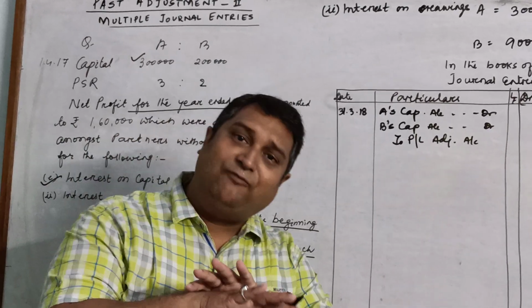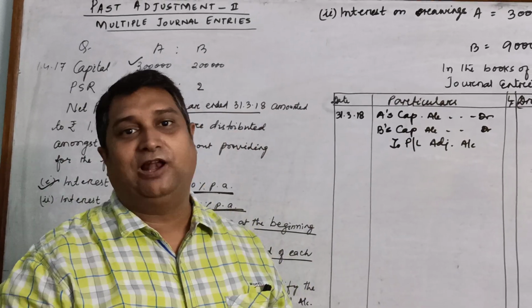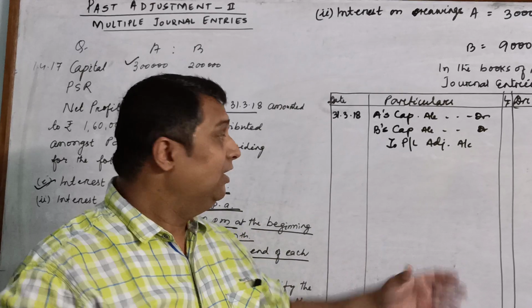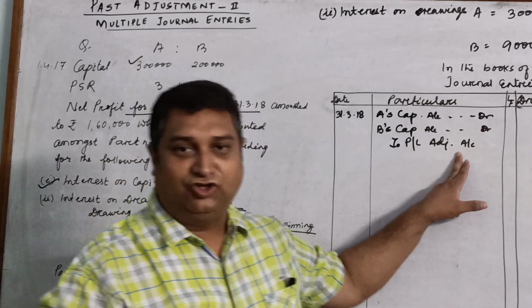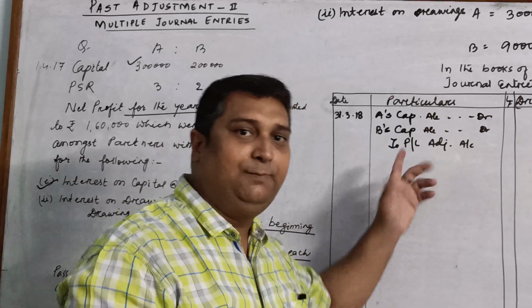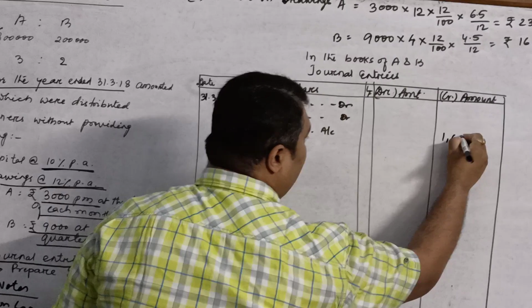Why? Because books have already been closed. Everything is over. Now we cannot go back to PL appropriation once again. So we open a temporary account that is known as PL adjustment account, and all the rectifications will be done accordingly. Here the profit was 1,60,000.